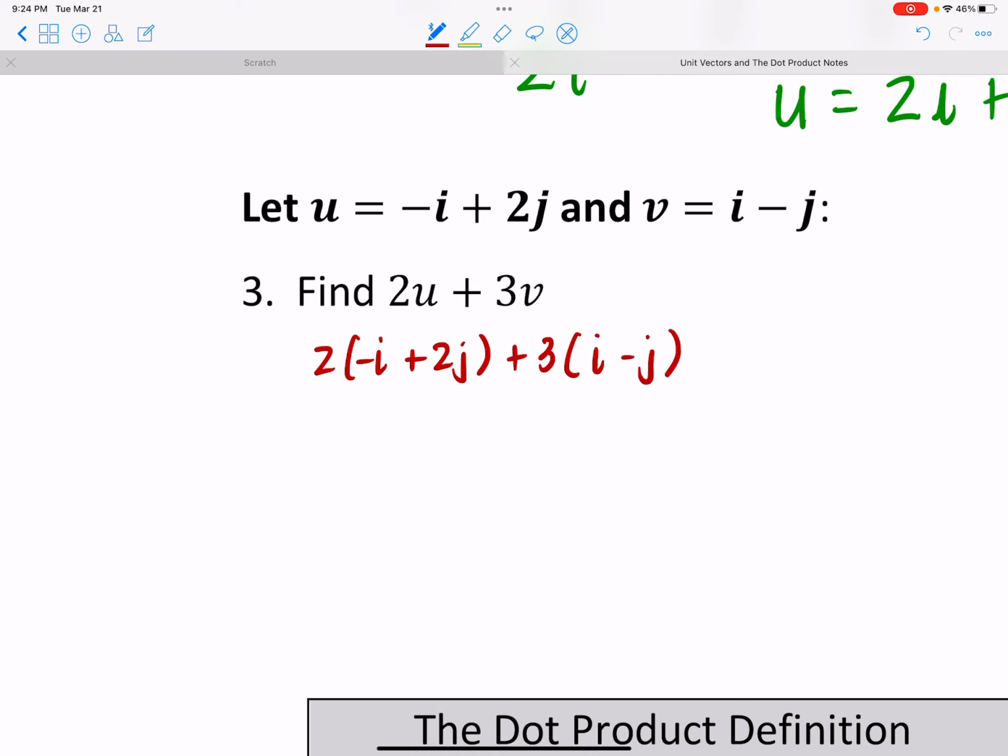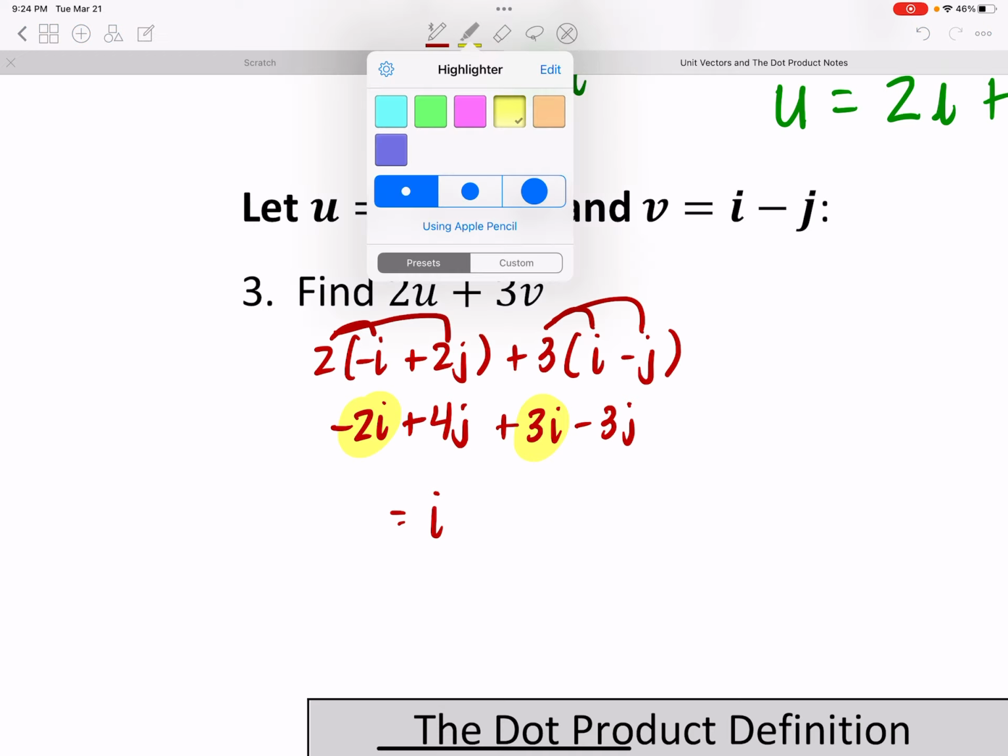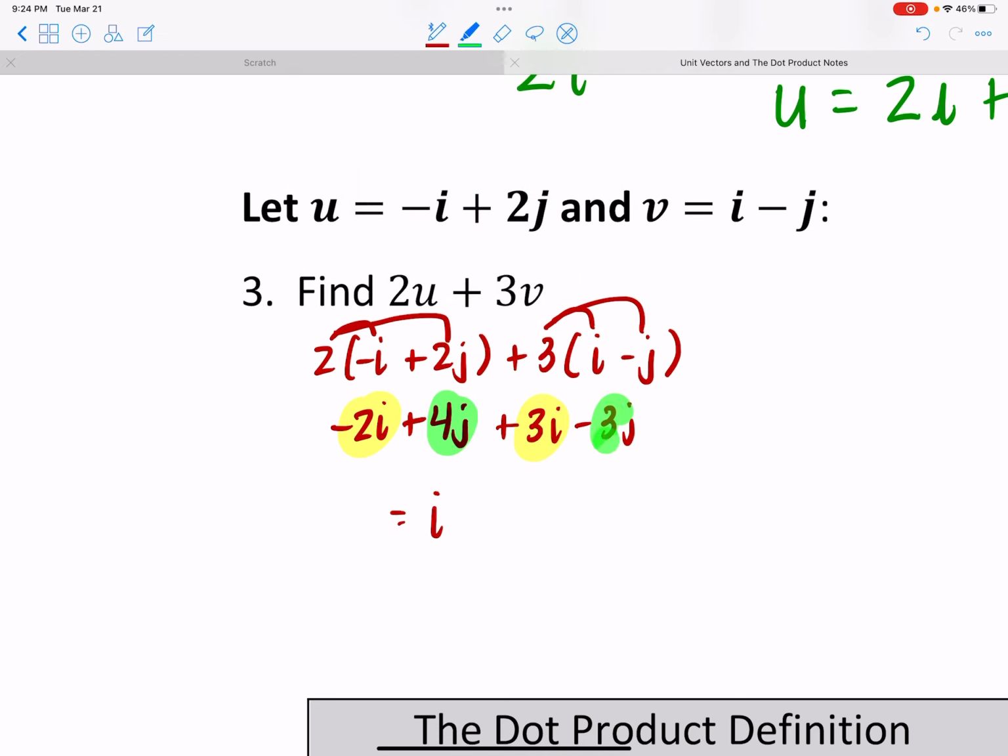So when I multiply, this is a negative 2i, and then this is going to be a positive 4j, and then here I have a positive 3i, and then here I have a negative 3j, and again I can add the corresponding components. So I put these together, which would give me 1i, and 4 minus 3 leaves me also 1j.